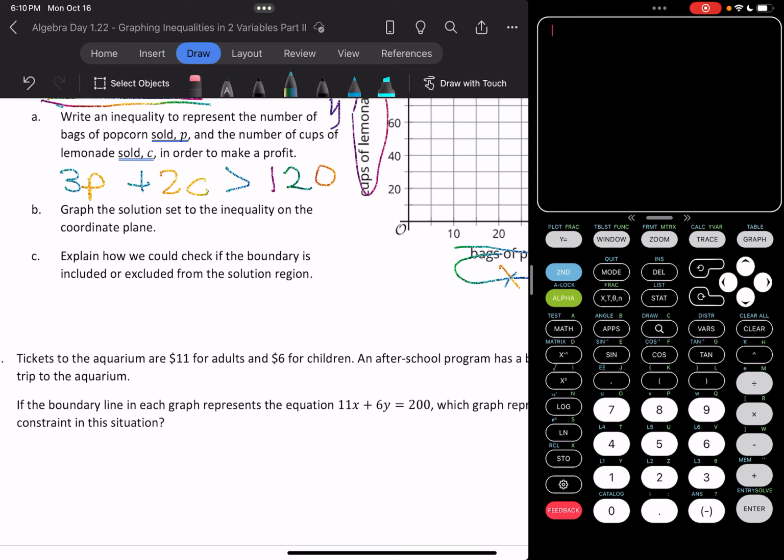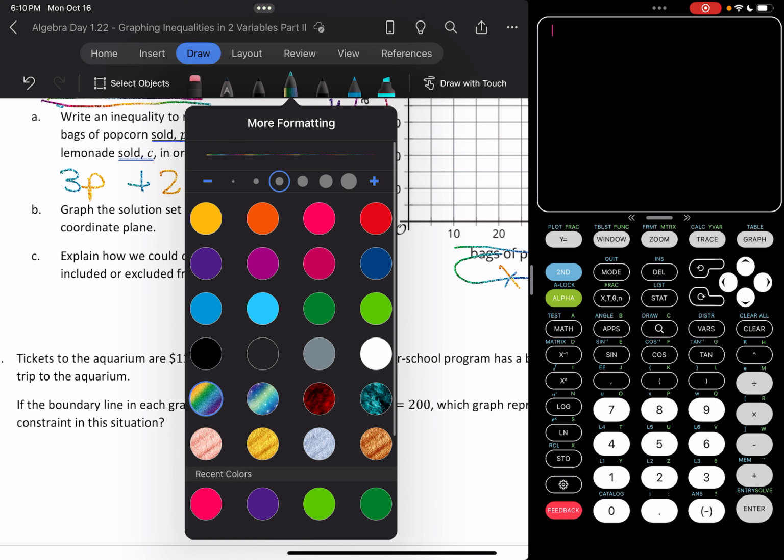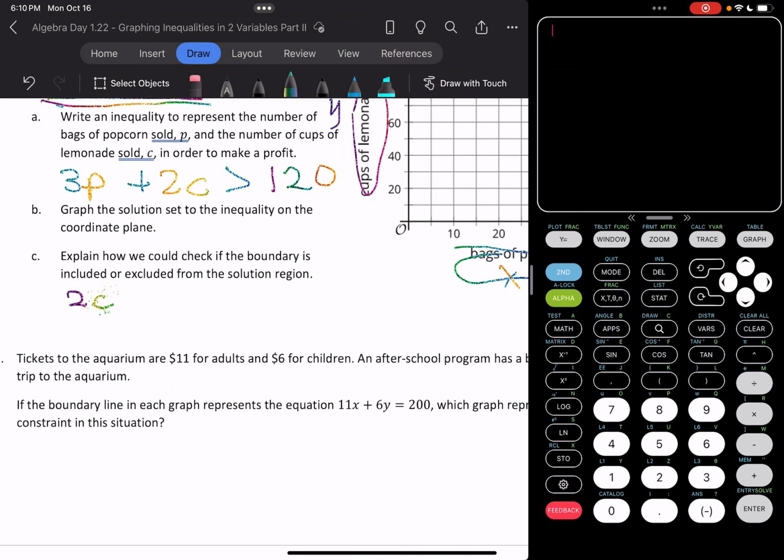If we pretend that P is 0, then 3 times 0 would be 0. We'd be left with 2C equals 120. C would then have to equal 60. So when popcorn is 0, then cups of lemonade is 60.